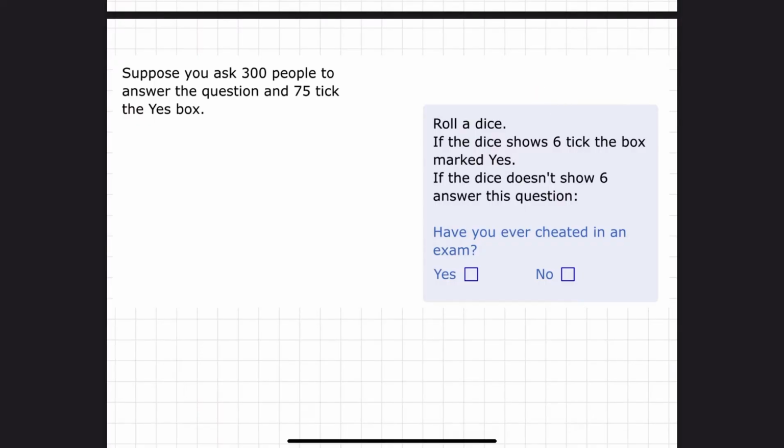So, we know the chance of landing on a 6 on a fair die, we're going to assume, is a sixth. They've asked 300 people, so we're expecting a sixth of these 300 people to have just landed on a 6 and ticked yes. So I'm going to take a sixth of 300, and that gives me 50. What we think about this 50 is these 50 people just landed on a 6.